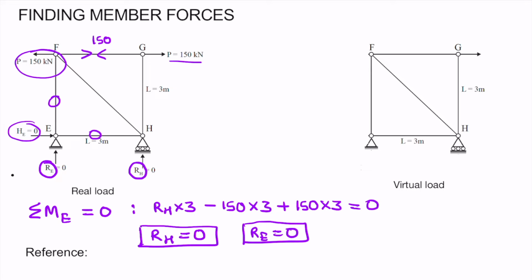Since the entire load 150 kilonewton is taken by member FG, hence this will also be a zero force member. Now since RH is 0 and this is a zero force member, and GH is also a zero force member, hence this will also be a zero force member. So now we know all the forces due to the real load P.